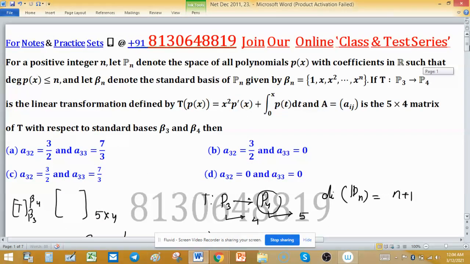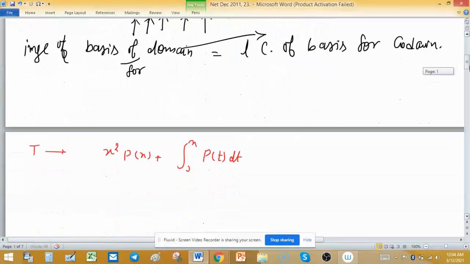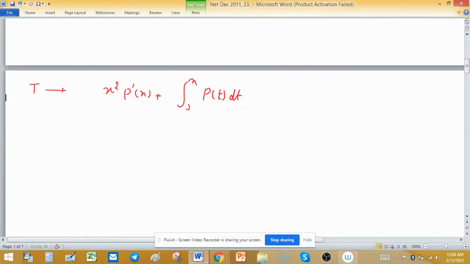This is the structure, and this is p dash x. Suppose first p(x) is 1, so its derivative is 0, so this goes to 0, and its integration will be t, and after putting the limits it will be x minus 0. So finally we obtain x, and we write this x with the help of the basis elements for the codomain.